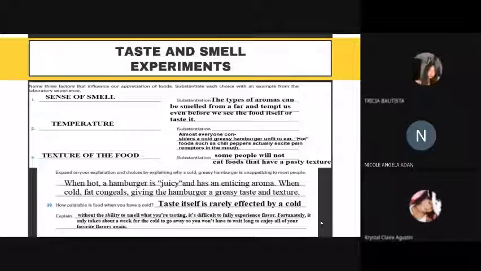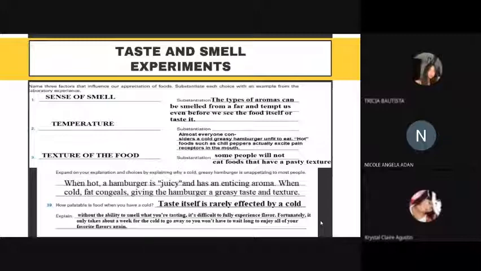Expand your explanation by explaining why a cold, greasy hamburger is unappetizing to most people when hot it is not. A hot hamburger is juicy and has an enticing aroma. When cold, fat congeals, giving the hamburger a greasy taste and texture. Number 39. How palatable is food when you have a cold?